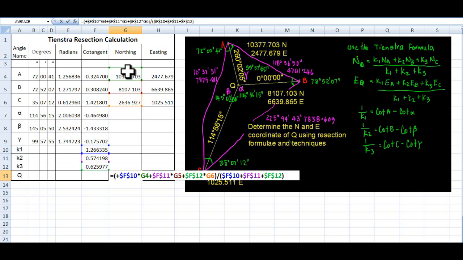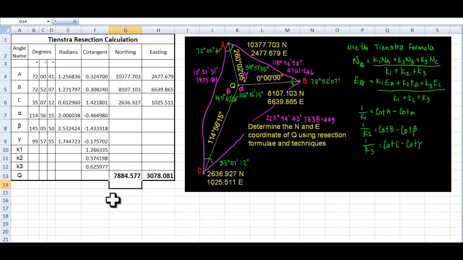So when I copy this particular cell one to the left, the ones with the dollar signs will stay there, and the G4 will convert to the easting and become H4. So there's that, plus F11, which is K2 times G5, plus F12, which is K3 times G6, and then I've put that in a bracket, and that's divided by K1 plus K2 plus K3, and that gives us our northing.